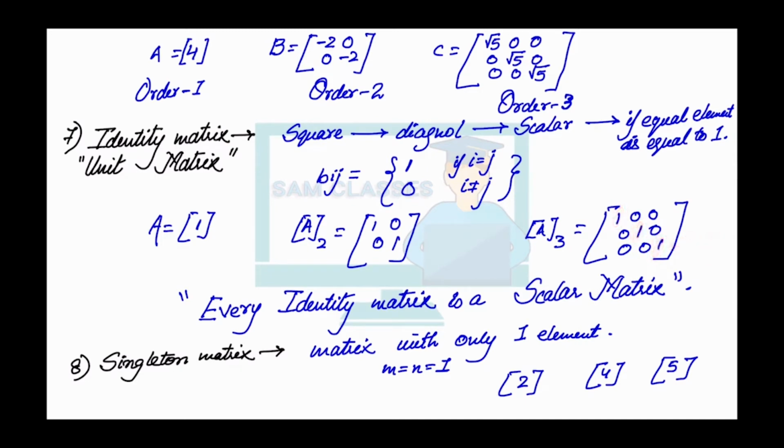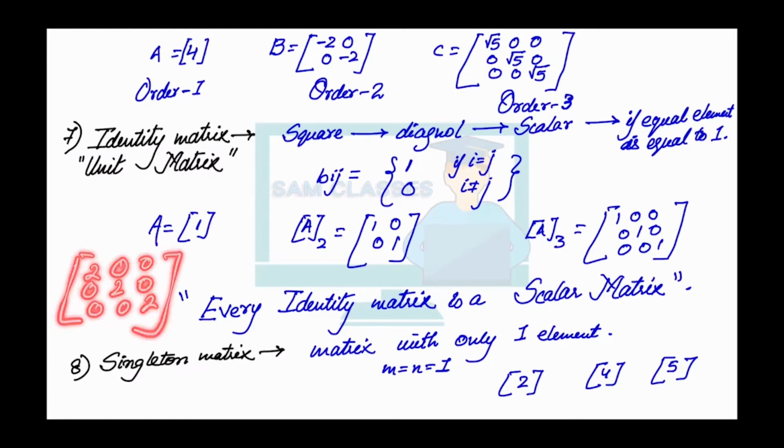Very good. A very important thing you need to understand here: every identity matrix is a scalar matrix, correct? But every scalar matrix need not be an identity. We can have a scalar matrix like 2, 0, 0, 0, 2, 0 and 0, 0, 2.